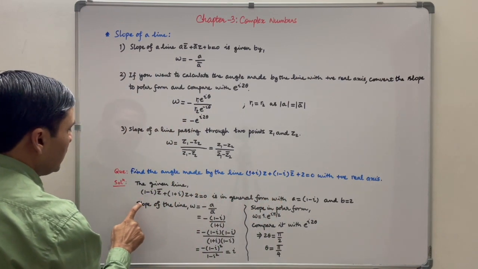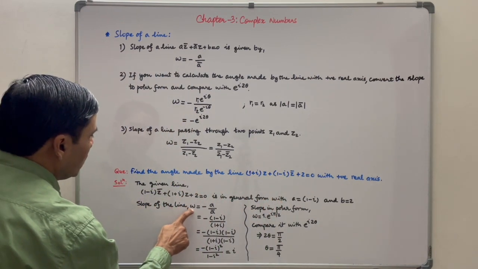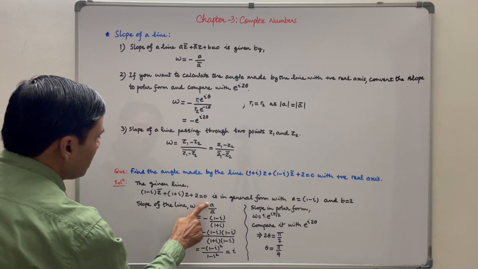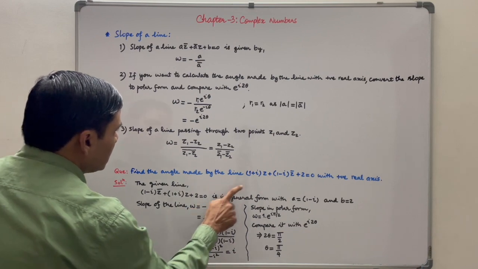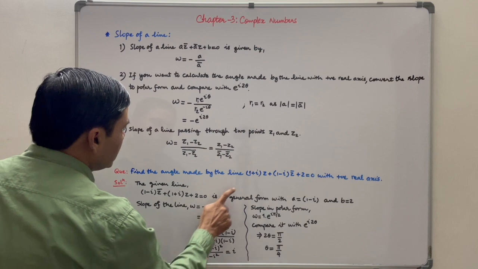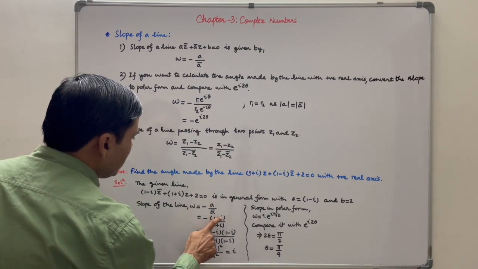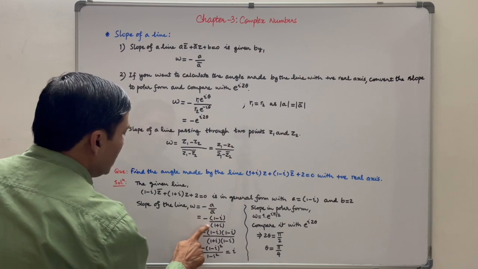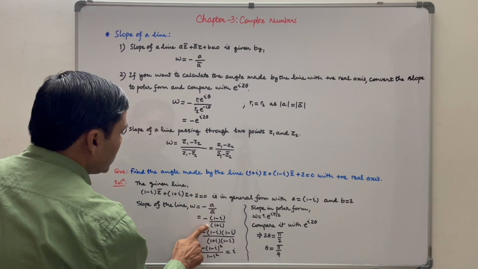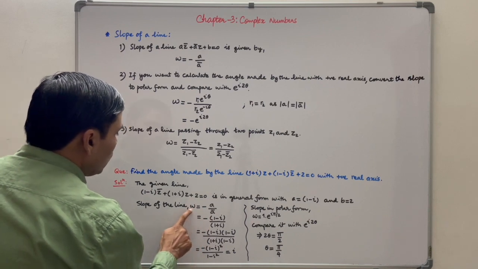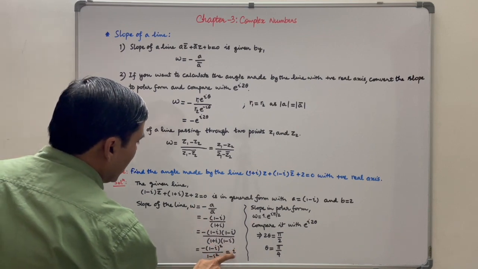Next, we will calculate slope of the line omega. Omega is equal to minus A upon A bar. A is equal to 1 minus i and A bar is equal to 1 plus i. So omega is equal to minus (1 minus i) upon (1 plus i). Now we will multiply both numerator and denominator with conjugate of denominator. So omega comes out to be equal to i.